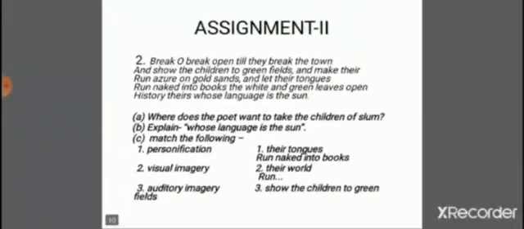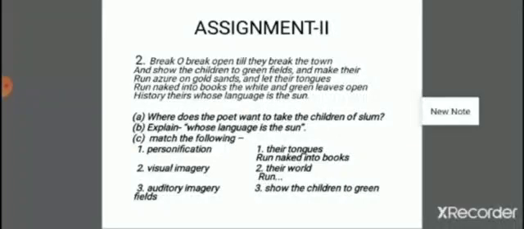Now, second question. This extract has been taken from the last stanza, and some questions are framed based on this extract, like where does the poet want to take the children of slum? It's already given. Then you have to explain whose language is the sun.